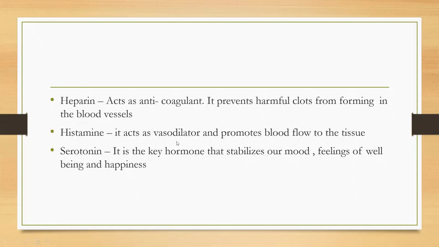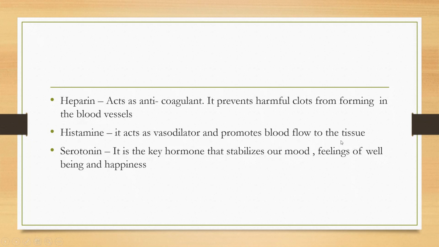What is the meaning of vasodilator? Vaso means vessels, your blood vessels, and dilator means to increase the diameter. So the diameter of the blood vessels is increased, and so there is enough flow of blood and it promotes blood flow to the tissues.